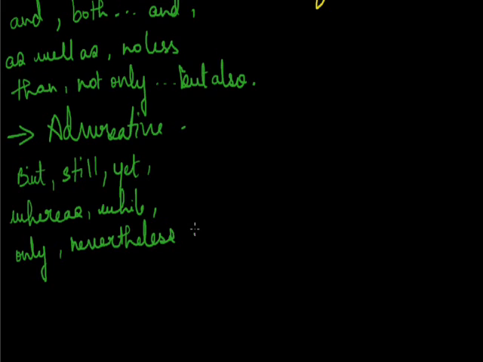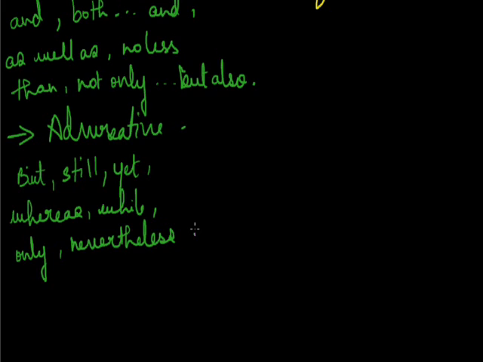But: she is knowledgeable but inefficient. So we are joining two statements and it is giving opposition. The contrast is shown between the two statements, but if you read them individually, they have an equal rank.